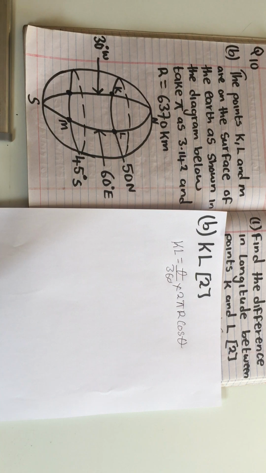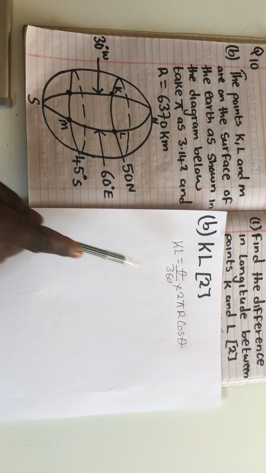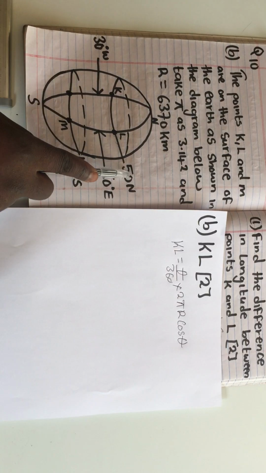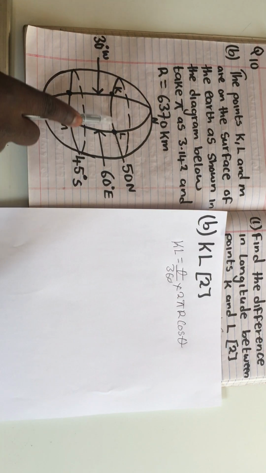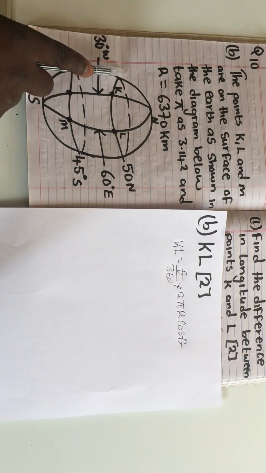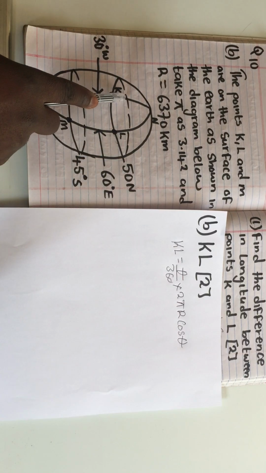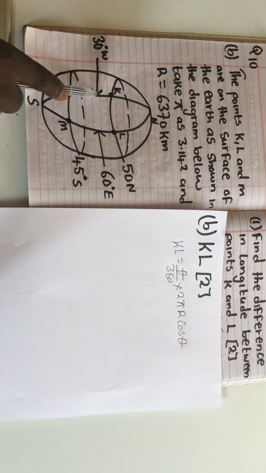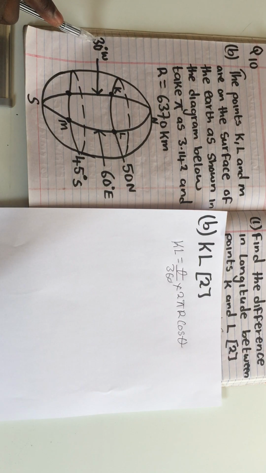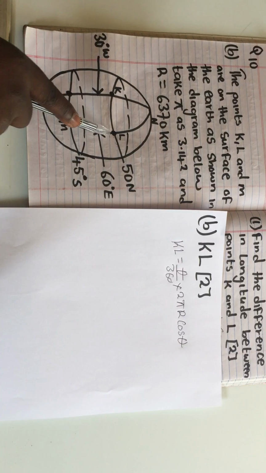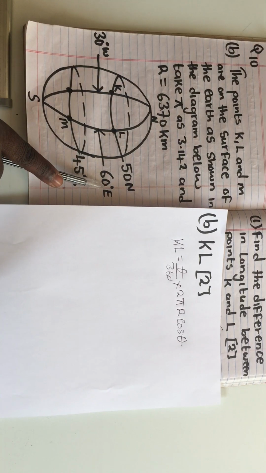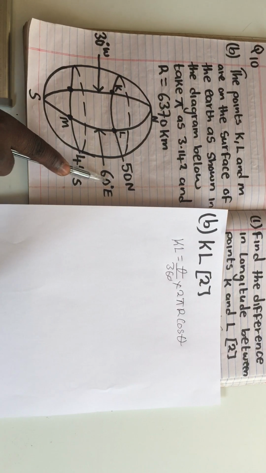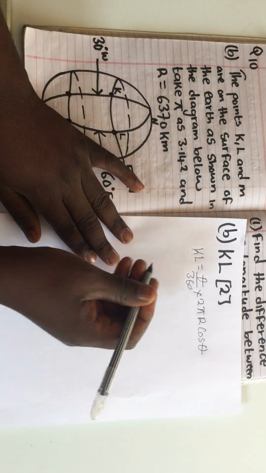If you're calculating distance along latitude, there is a cos. That's the only difference. So how do you find the angle if you're calculating distance along latitude? You add the longitudes for the letters given. The longitude for K is 30. The longitude for L is 60. So you add 30 plus 60, you get 90.